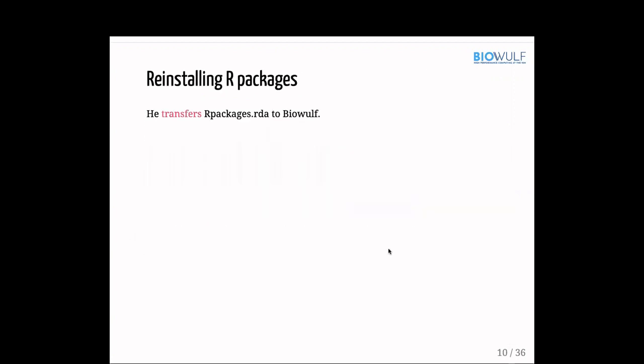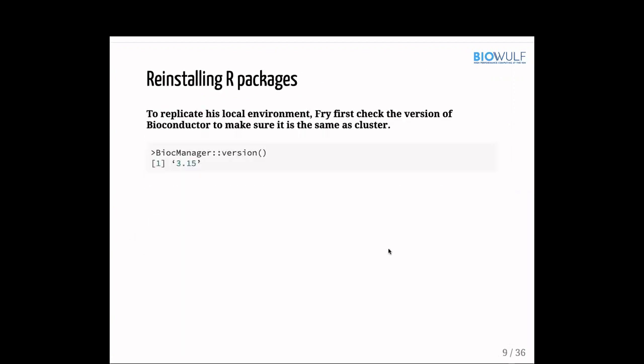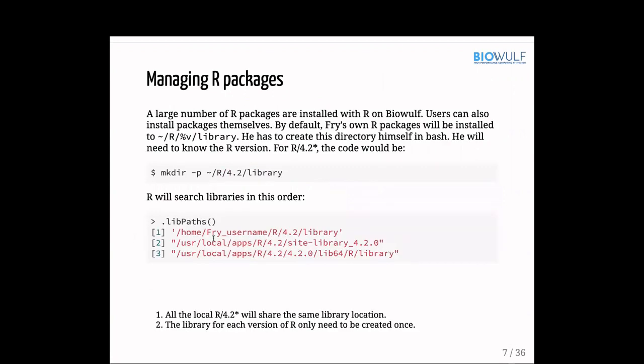The way R works, it searches all the available libraries in the path, and your home library is always the top one. The system library comes later. So if you don't assign the library path, then by default it will always use that one.